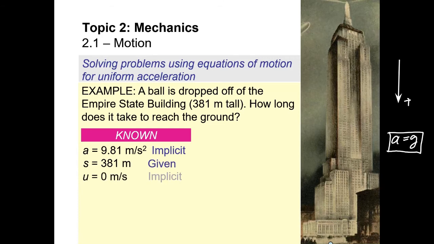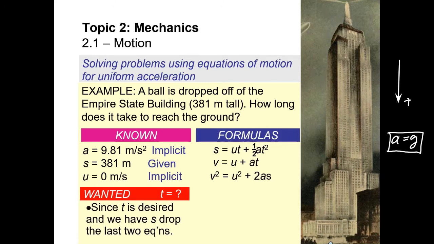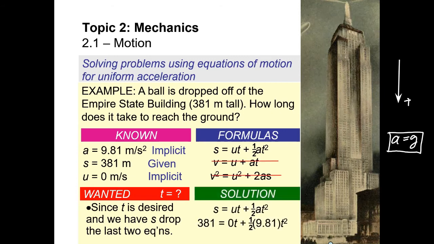Initial velocity 0, implicit. We want to find the time taken. Since t is desired and we have the displacement, choose the last 2 equations. Initial velocity 0 times t plus 1/2 acceleration 9.81 times t squared. We find t equals 8.81 seconds.